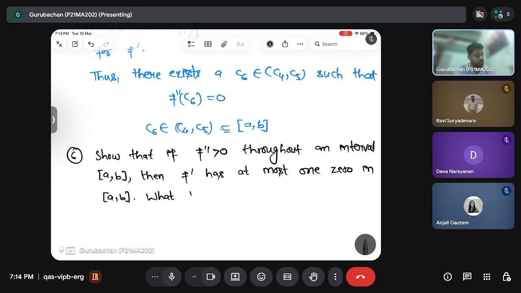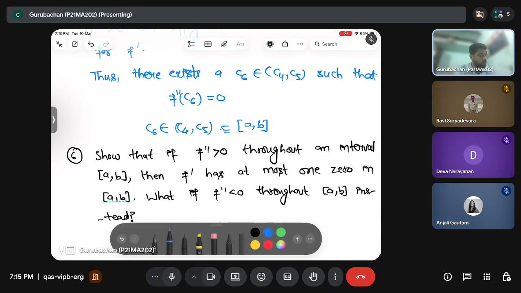But if f double dash is less than 0 throughout (a, b) instead. Try this one.